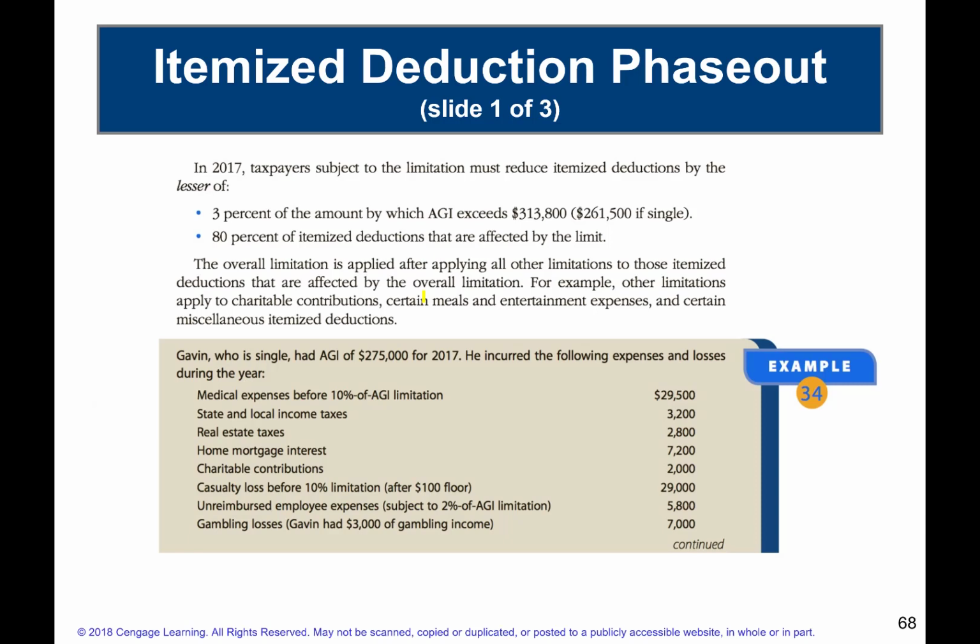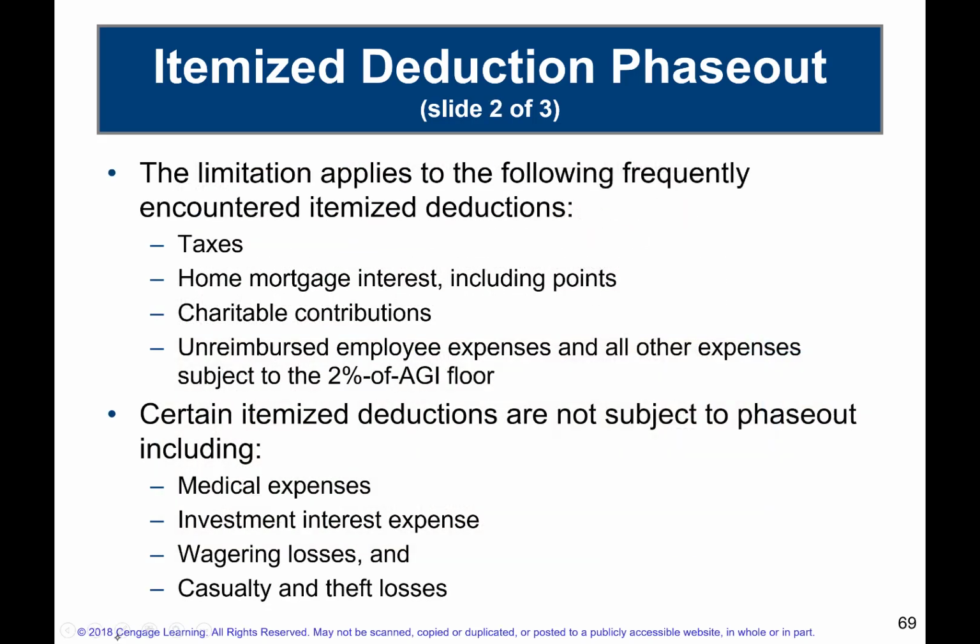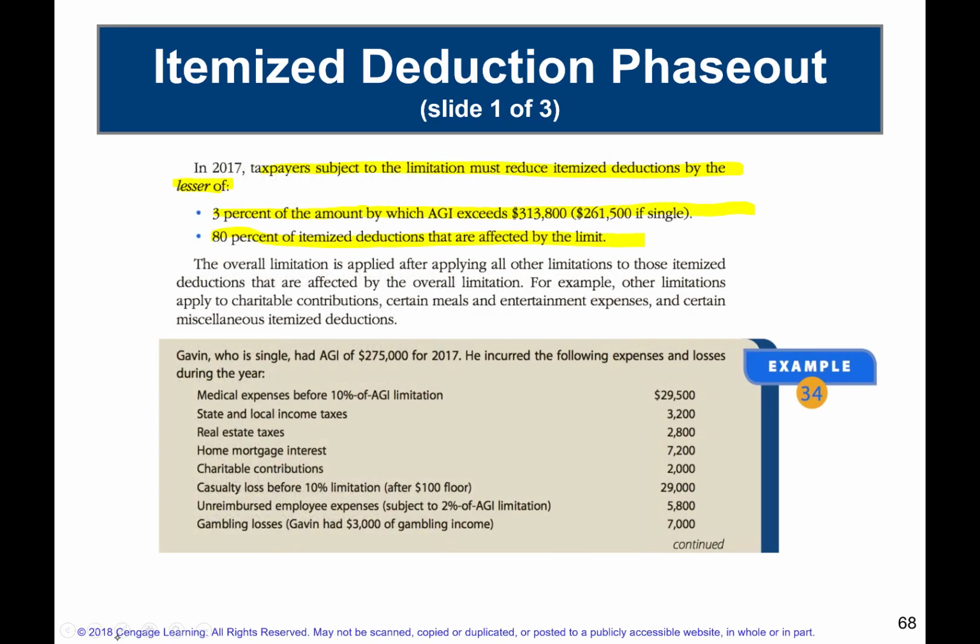So they tell us that if a taxpayer has, we are limited to the lesser of 3% of the amount by which AGI exceeds 313,800, or 80% of the itemized deductions that are affected by the limit, like the 2% limit.